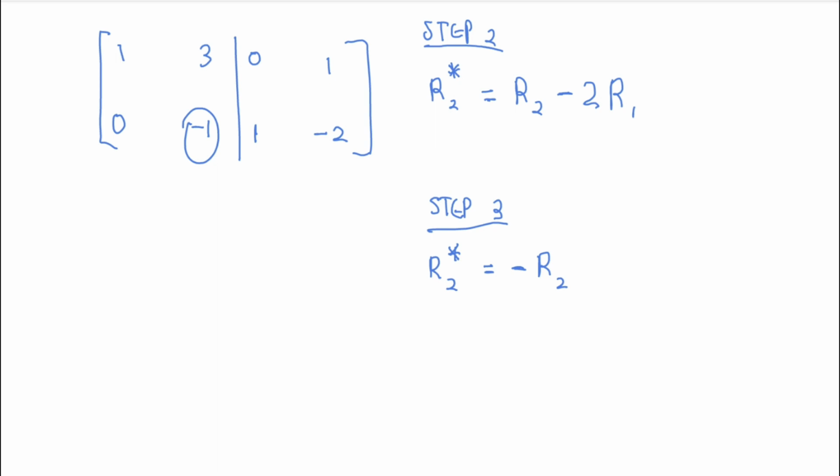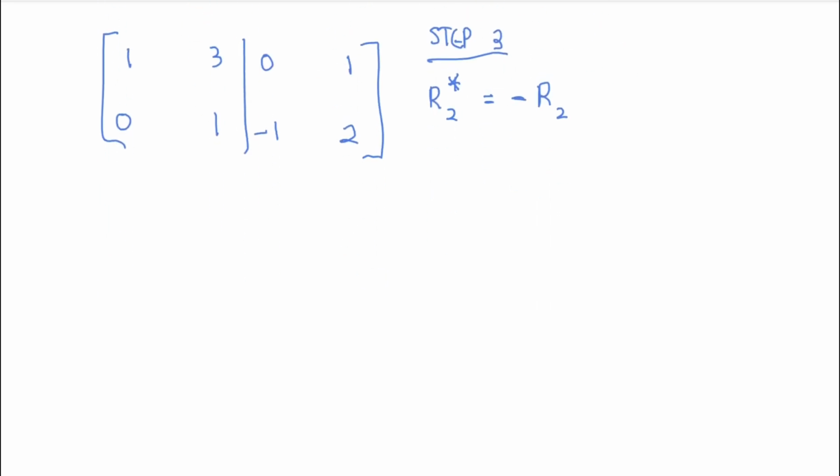Because negative 1, you times it with negative, you will get 1. So the solution is 1 3 0 1, row 1, because we didn't change anything. Then it will be 0, 1, negative 1, 2.